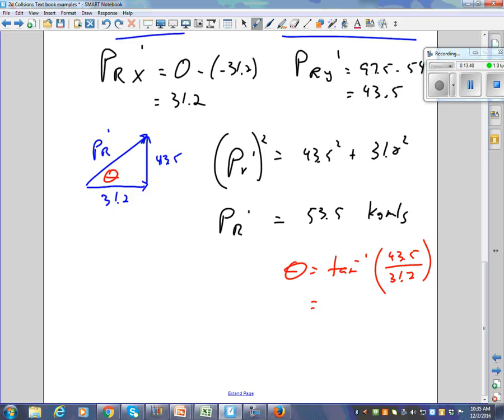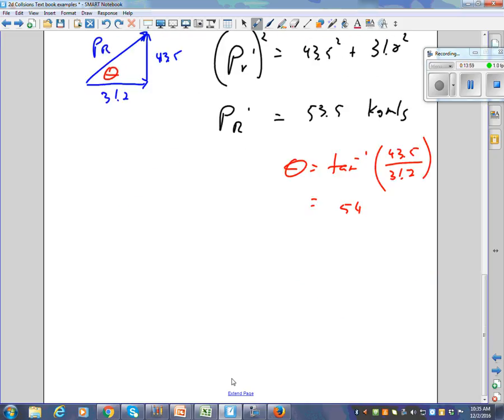I get an angle of, and I did it the other way on my page here, 36. You're going to get 54. Did you get 54? Yeah, sure. Okay, so that's going to be, according to this diagram, east 54 north.